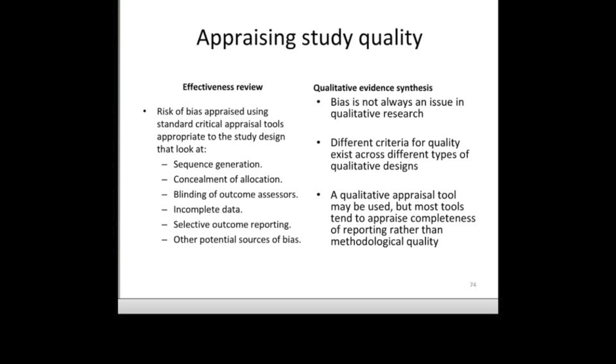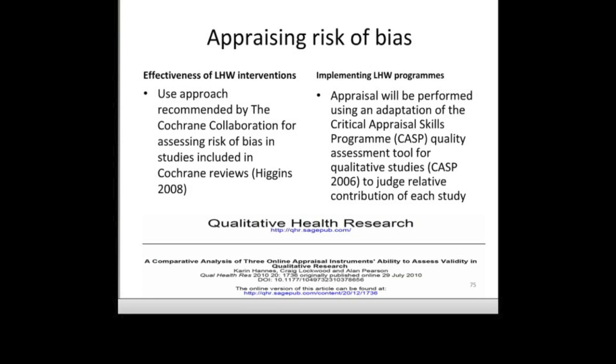In the lay health worker review, for the effectiveness bit, they used the Cochrane instrument to assess risk of bias. For the qualitative bit, they used the qualitative assessment instrument from the Critical Appraisal Skills Programme.